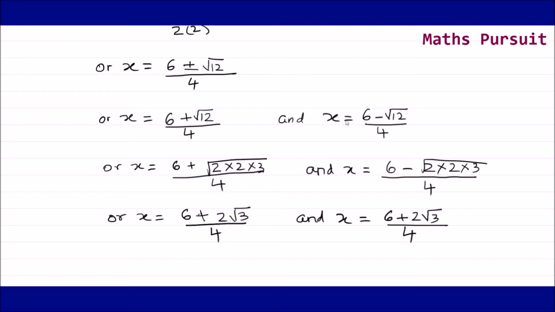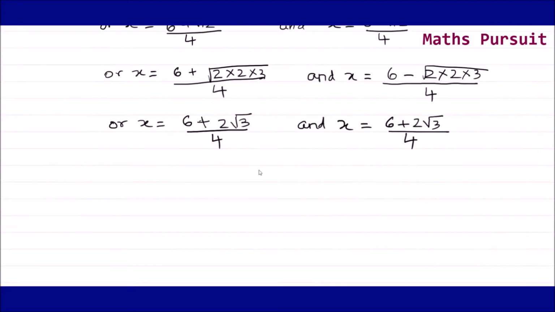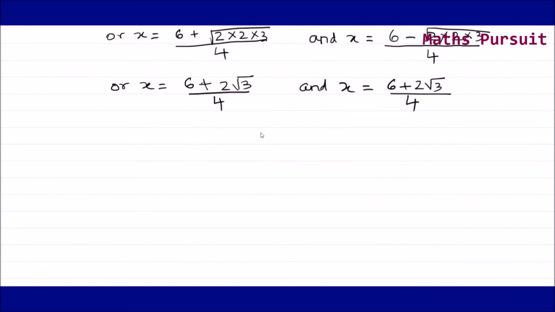Guys, we are gradually able to solve this equation, and you can see what we are getting. I can write x is equal to, taking 2 as common, 2 3s are 6 plus root 3, upon 4.